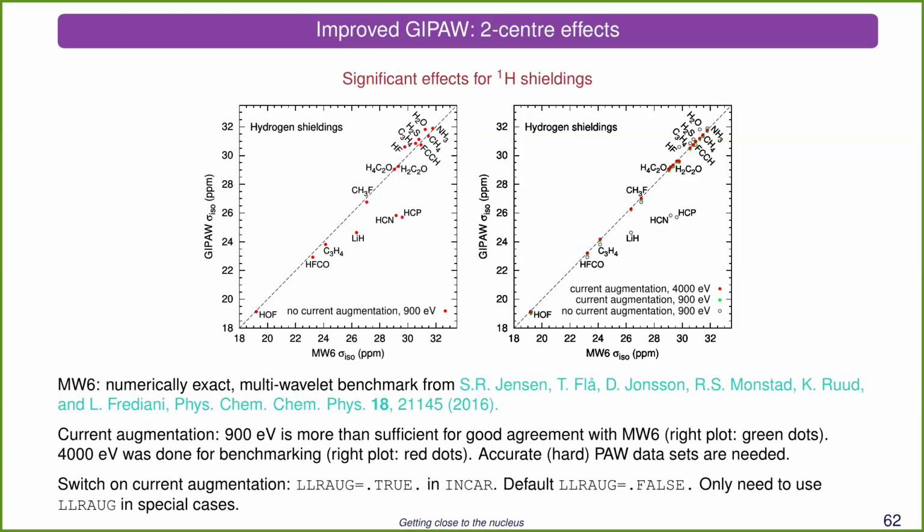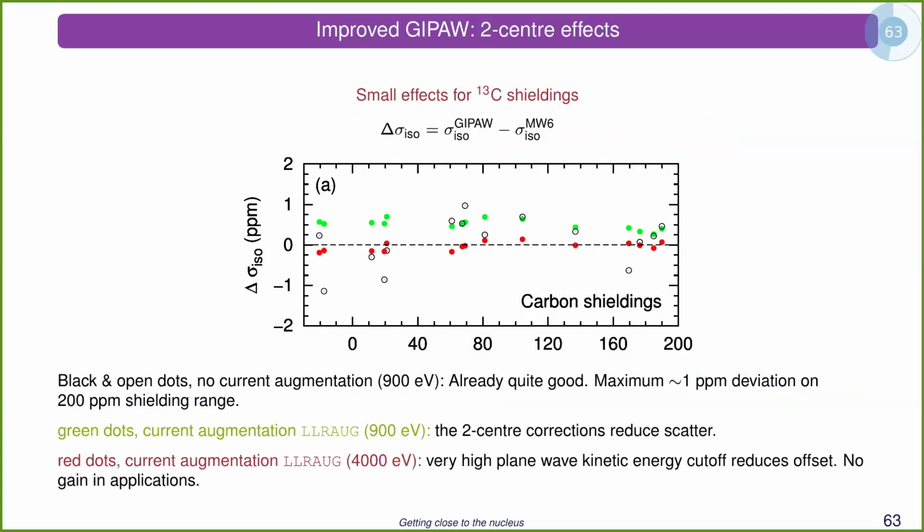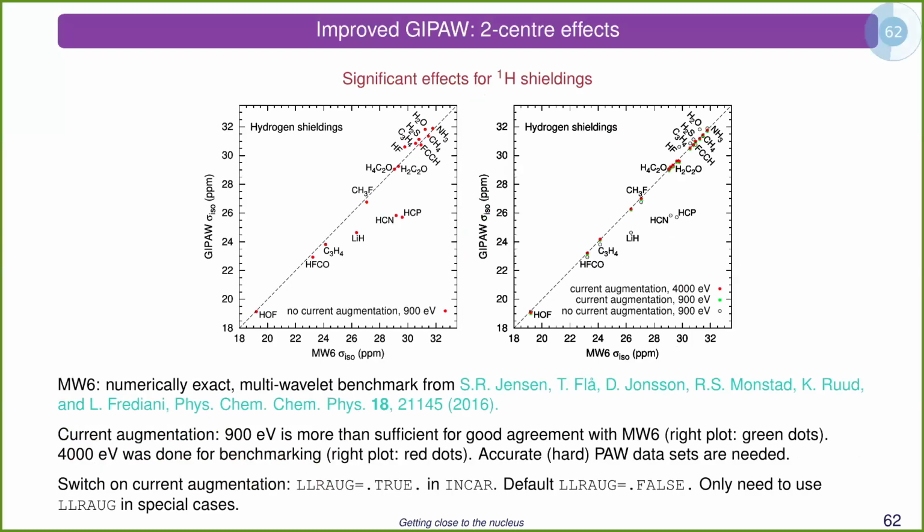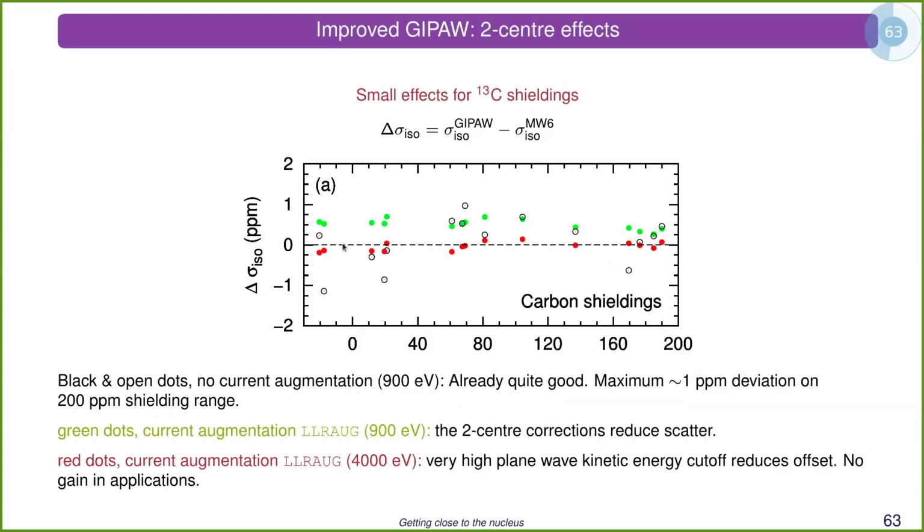That's hydrogen. And indeed, let's look, for example, at another nucleus: carbon. In carbon, if we made a similar plot, we would get carbon over a 200 ppm range, and we just get a straight line; we don't see the difference. So what we do is look at the carbon shielding range and plot the difference between what we calculated and what it should be on the vertical axis.